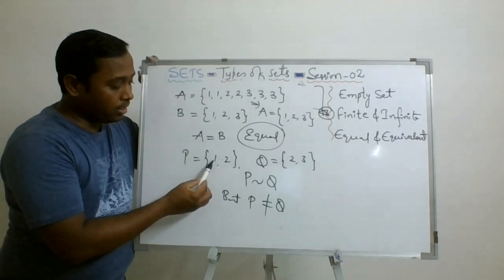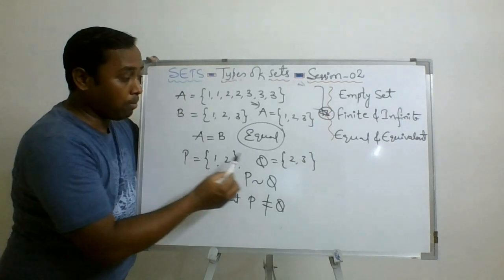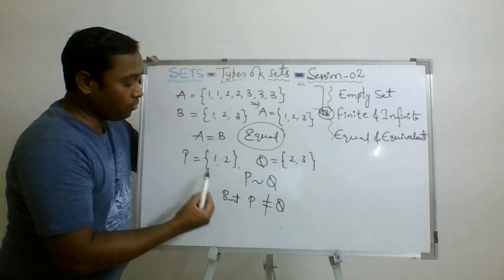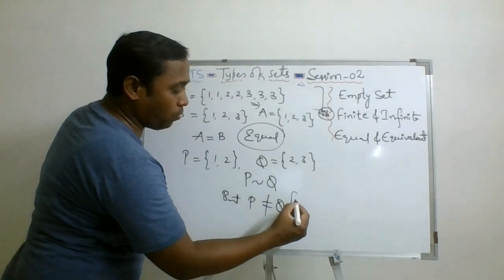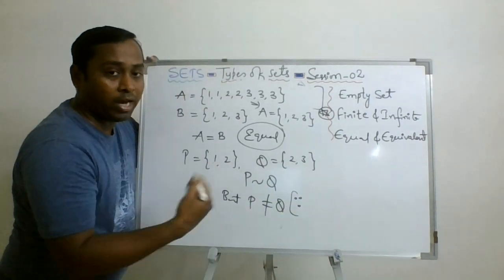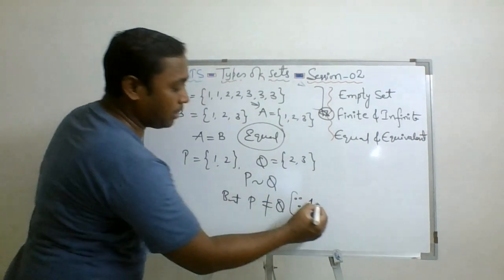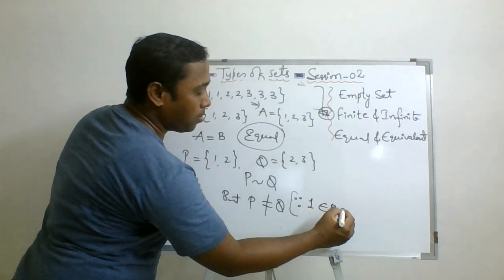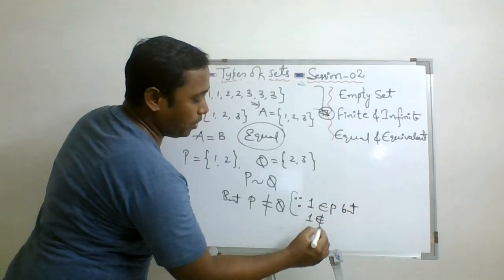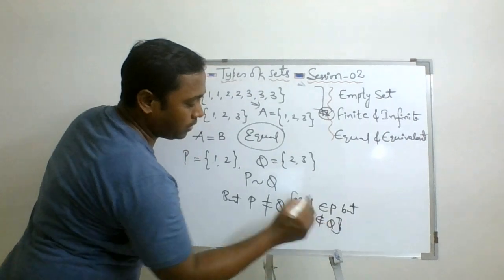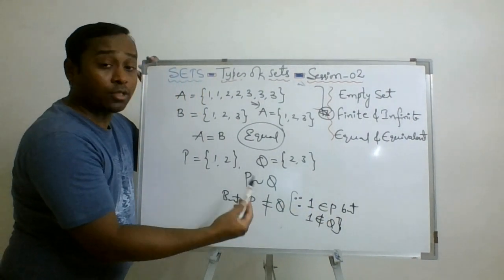The reason is that P has the element 1 but Q doesn't. While saying not equal, we need to mention the reason why: 1 as an element belongs to P but 1 does not belong to Q.